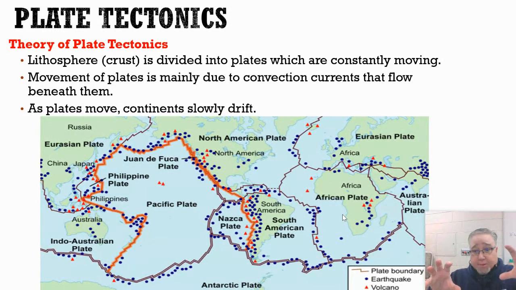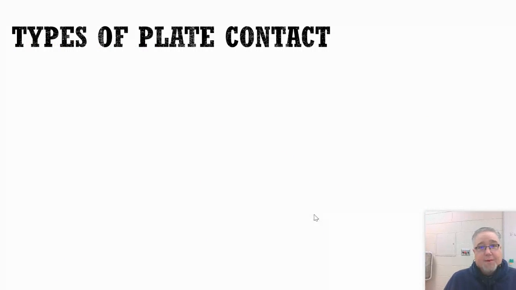But again, all of these plates are slowly drifting and slowly moving. When I say slow, I'm talking centimeters a year, super slow. They move about as fast as your fingernails grow. So we're not talking massive amounts of movement, but they do move.